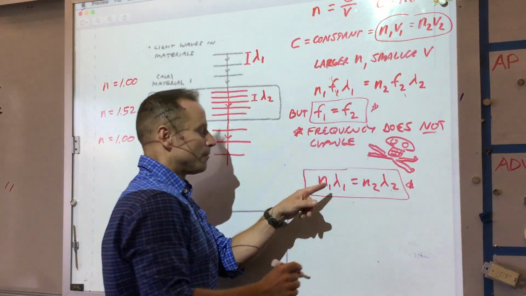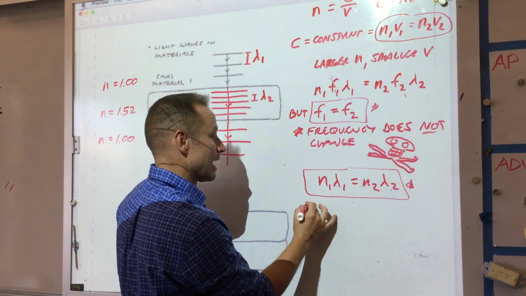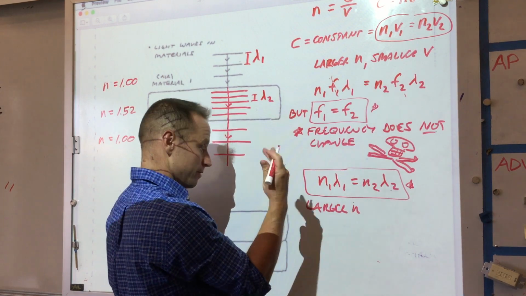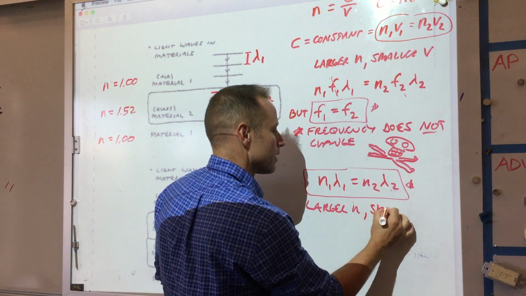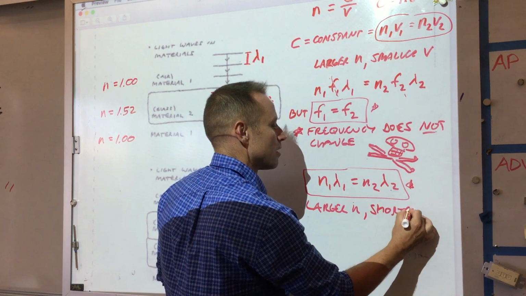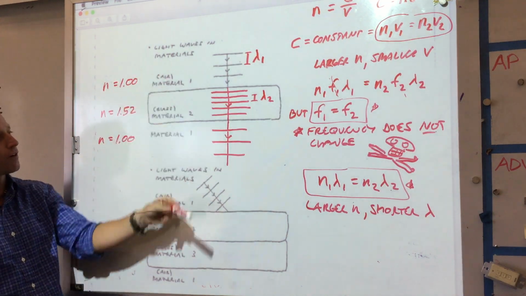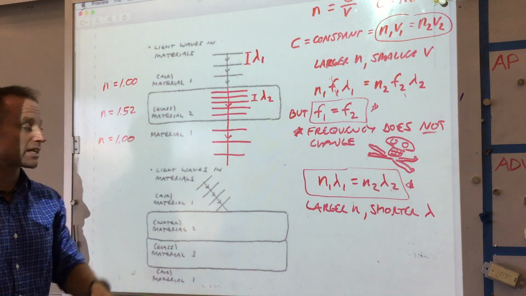What this is telling you is that for a larger n, a larger index, which means the light is going slower, you'll get a shorter wavelength. These are pretty useful relationships that you can figure out from v equals f lambda, and knowing that the speed of light in vacuum is a constant.